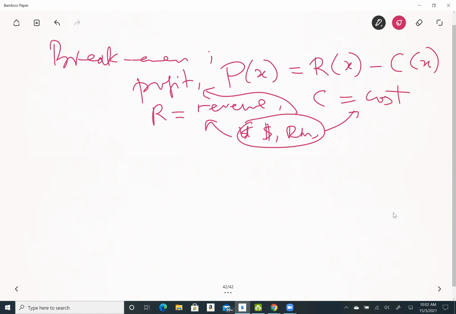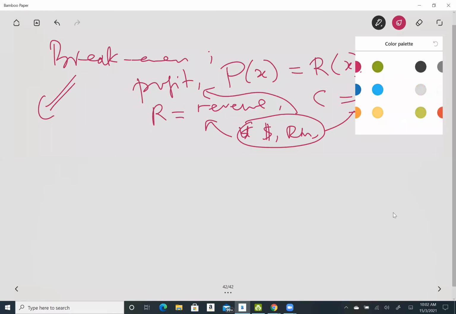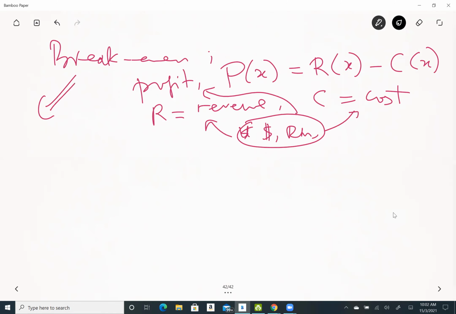So when you say break-even, that means what? That means the profit is 0. In terms of revenue and cost, we say we just earn enough to cover the cost. So that means when the profit is equal to 0, the revenue minus the cost is 0.